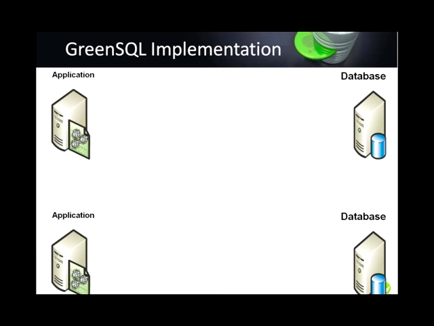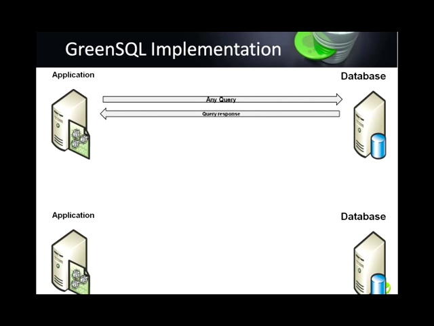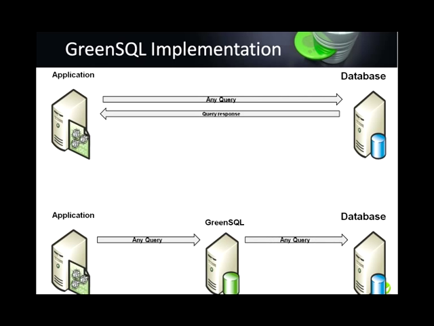This is a network proxy solution, which means that if currently your application, and it doesn't matter which application, it can be your development studio, your web server, your CRM or ERP application, connects directly to the database and the database response is sent back directly, then when you implement GreenSQL, the connection goes first to GreenSQL, and only after it's been approved, and if needed re-engineered, is it sent to the database.